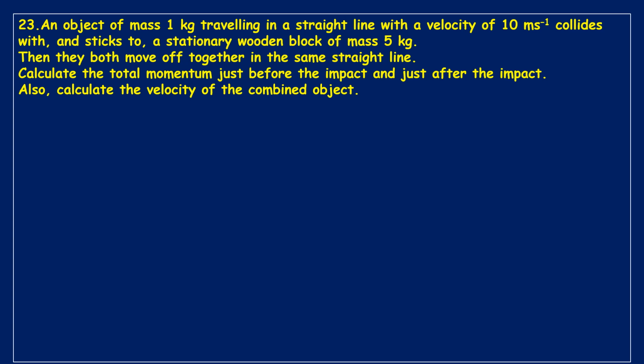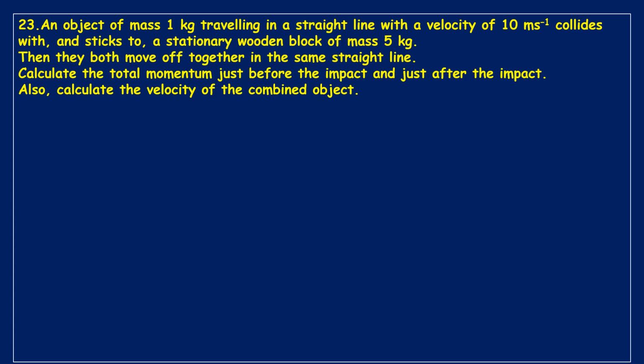The wooden block mass is given as 5 kg. So two objects are given here. One is object 1, the second one is the wooden block. Their masses are given. Then they both move off together in the same straight line.